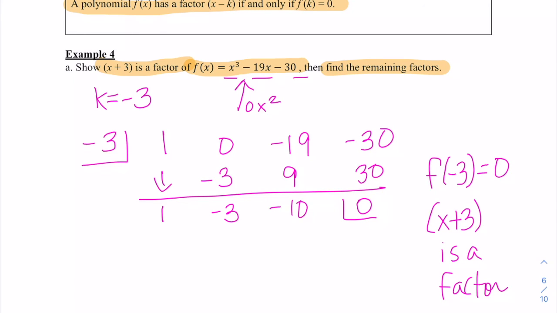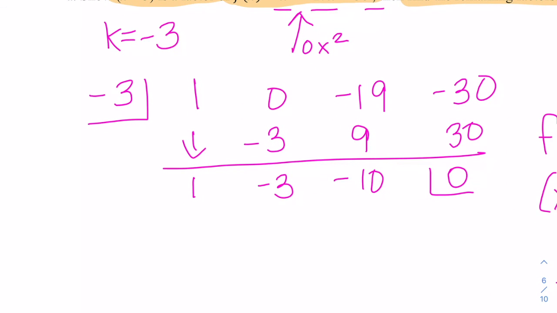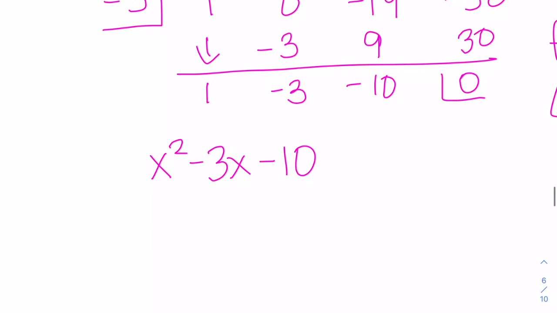Now we know that this was a cubic. We divided by x plus 3, so we have x squared minus 3x minus 10. Now we know we can factor that because two factors that multiply to make negative 10 and add to make negative 3 are negative 5 and 2.